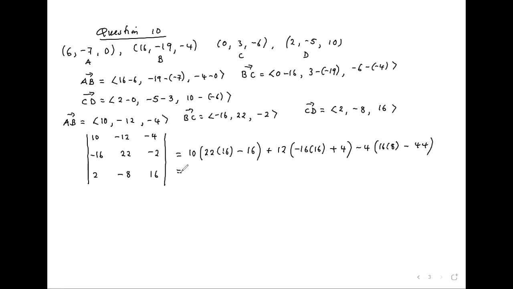Then now we do the computation. So we have 10, 22 by 16. That is 352 minus 16. You get 336. Plus 12, 16 by 16, negative 256.